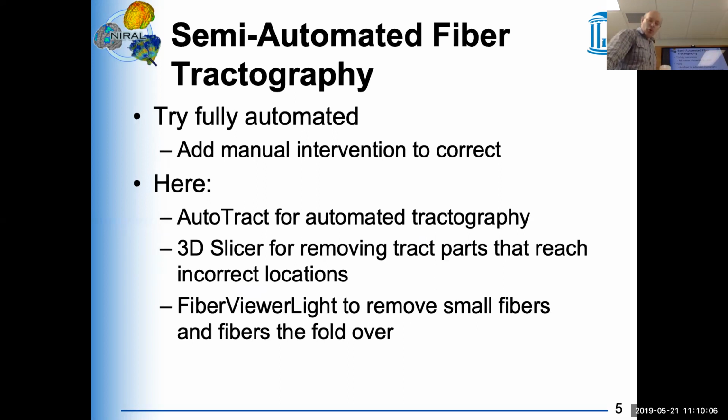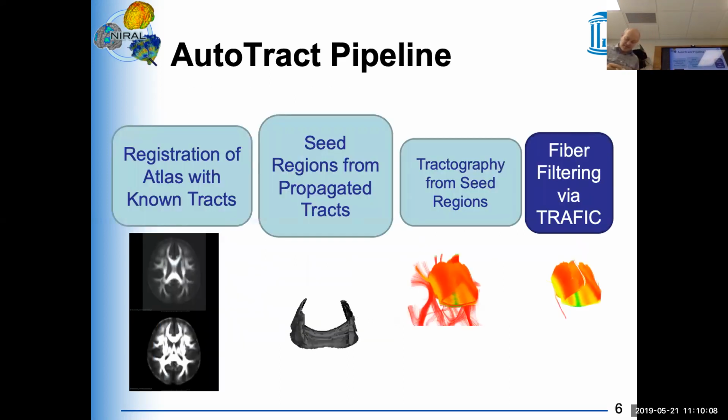Yes, so AutoTract is trying to automate what you would do as a manual rater. So when you would go get your atlas, now you would want to, let's say, track the ultimate. How would I do that most consistently as a manual rater?